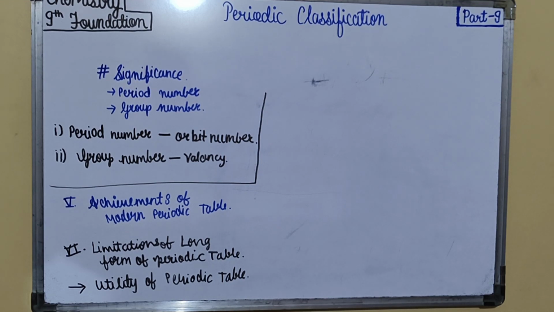Then we will see the periodicity, then periodic properties, what causes periodicity. Then we'll move towards the atomic size or size of atom, and so on. Till then, I hope you have understood this part.